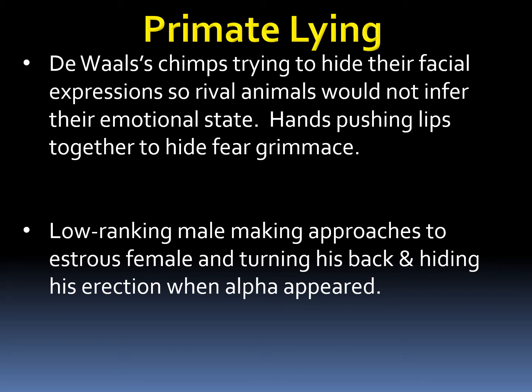We also have instances during mating season where lower-ranking males make approaches to females that are in estrus, or in heat, and turn their back and hide their erection when the alpha male appears, because the alpha is the only one who's supposed to be allowed to mate with females while they are in heat. That lower-ranking male realizes he could get in trouble with the alpha male, so he hides his erection from him.